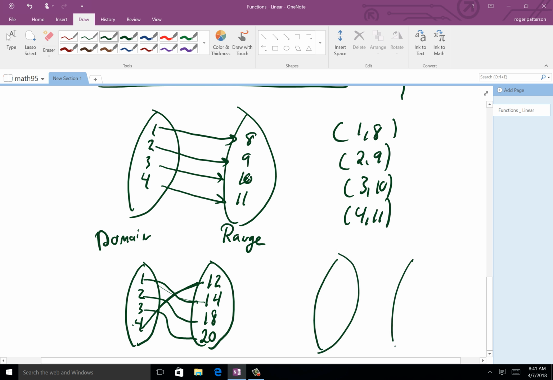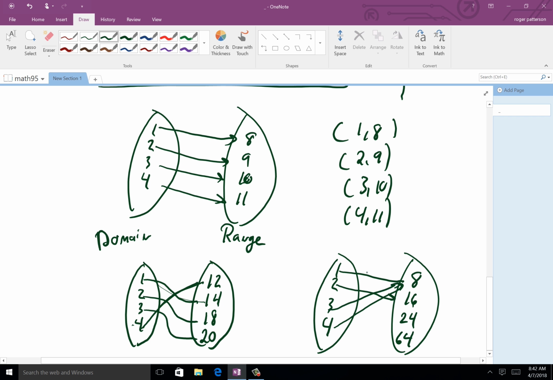Let's draw one that's not. Let's not make it too confusing here.